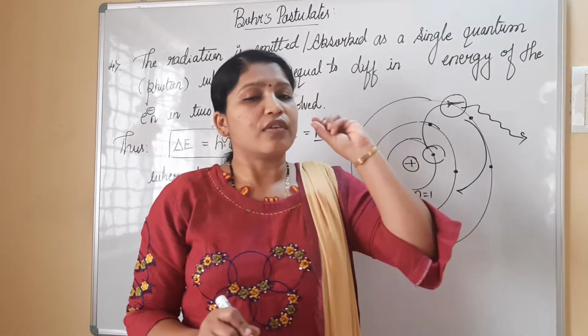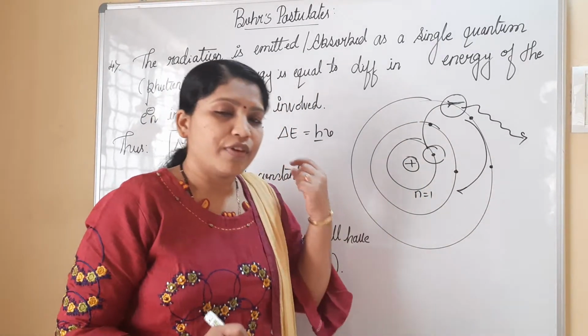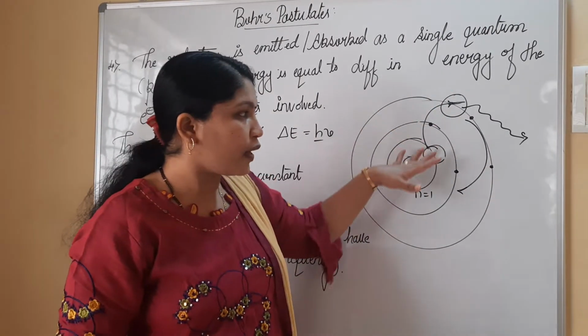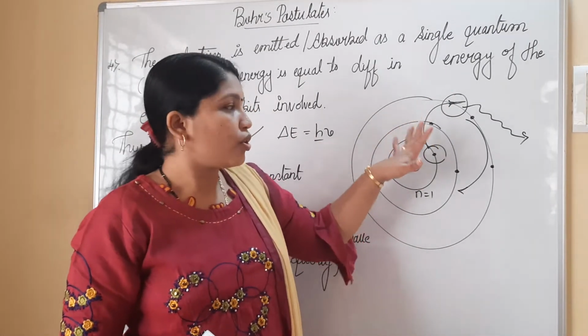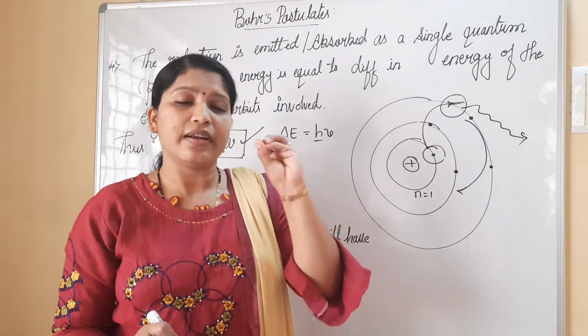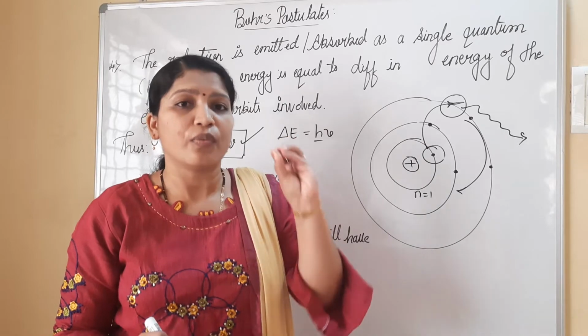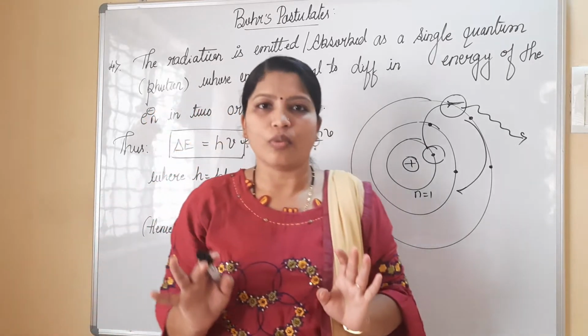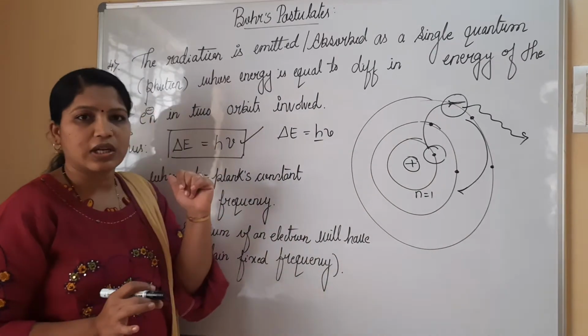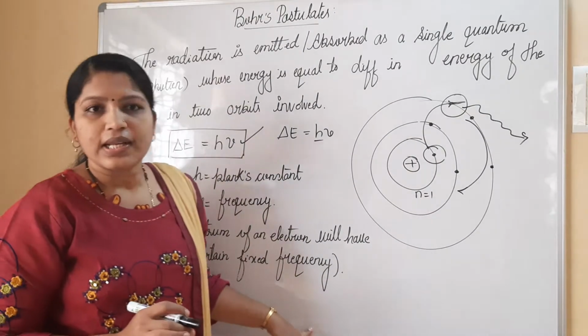Electrons will have a fixed angular momentum or a fixed frequency. No two electrons of different orbits will have the same values. They will definitely have different values of angular momentum. That is given by Bohr's third postulate. Just copy this. We'll move to the next.